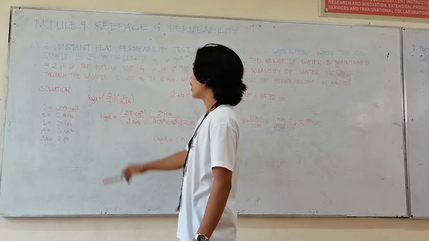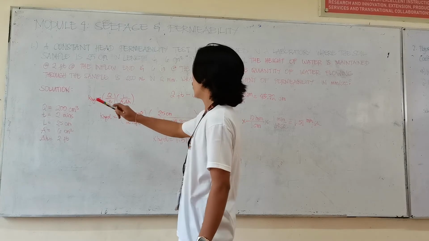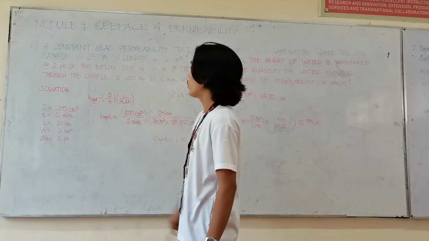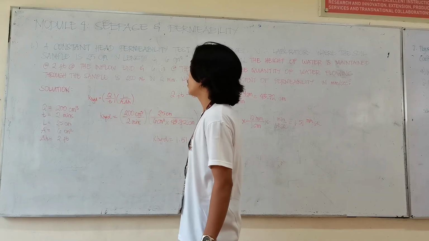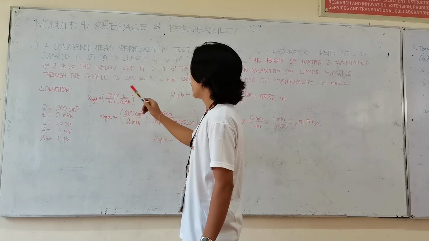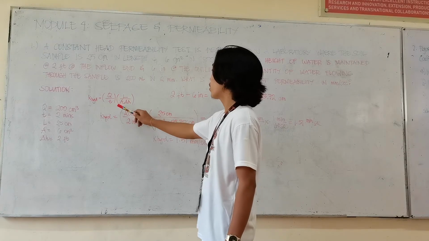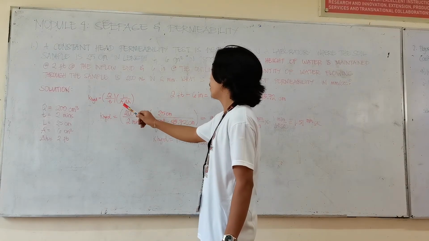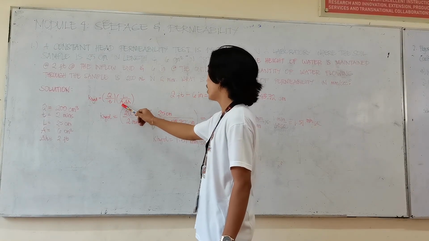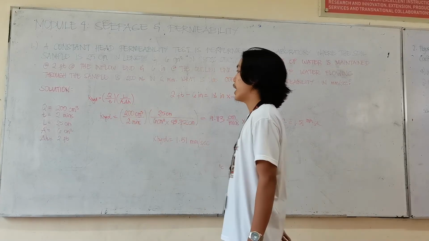Then the formula that we are going to use is coefficient of permeability is equal to the amount of water over time, multiplied by the length of soil sample over cross-sectional area, multiplied by the change in height.